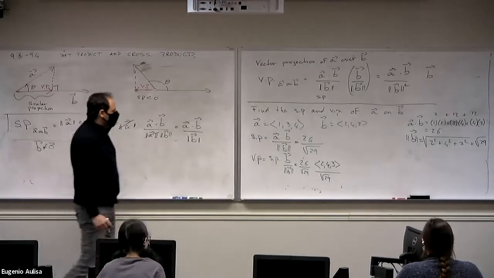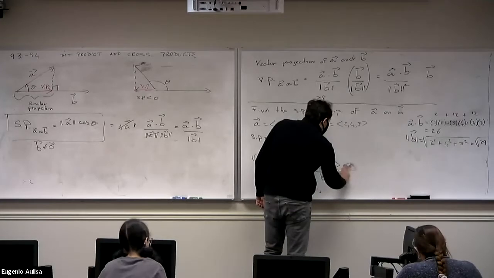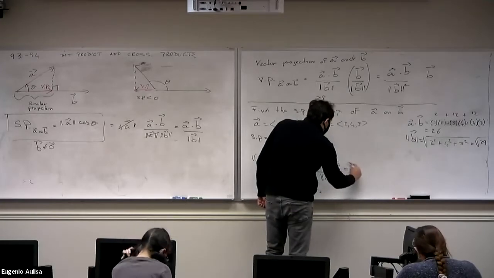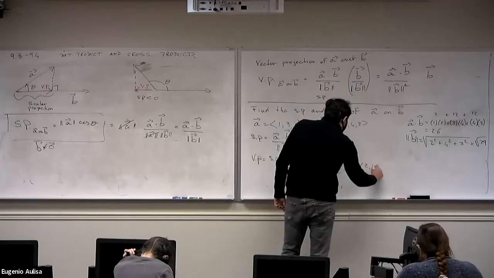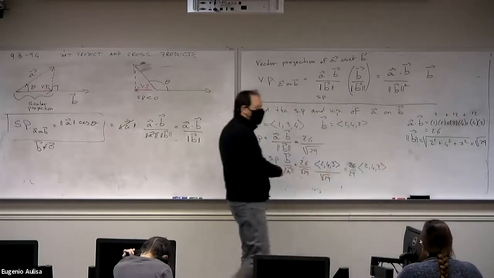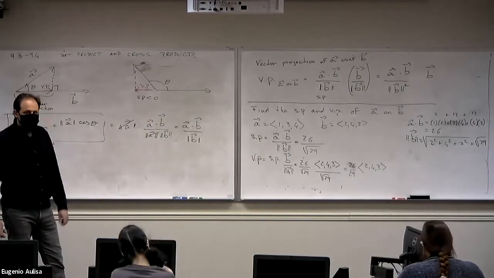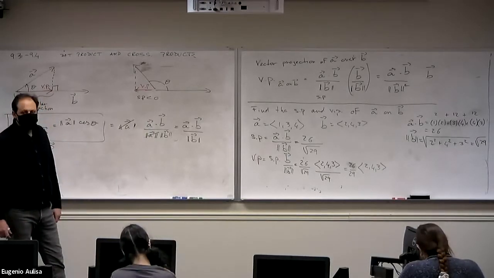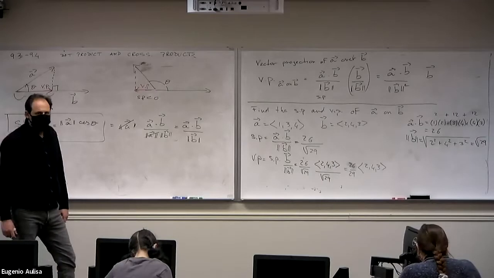So if you want, 26 over 29 times the vector 2, 4, 3, as square root and square root simplify. Okay? Any question? Everything clear?